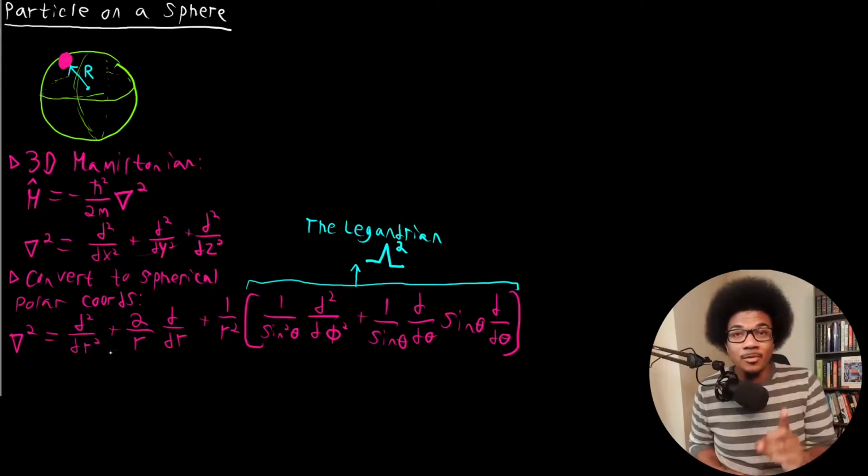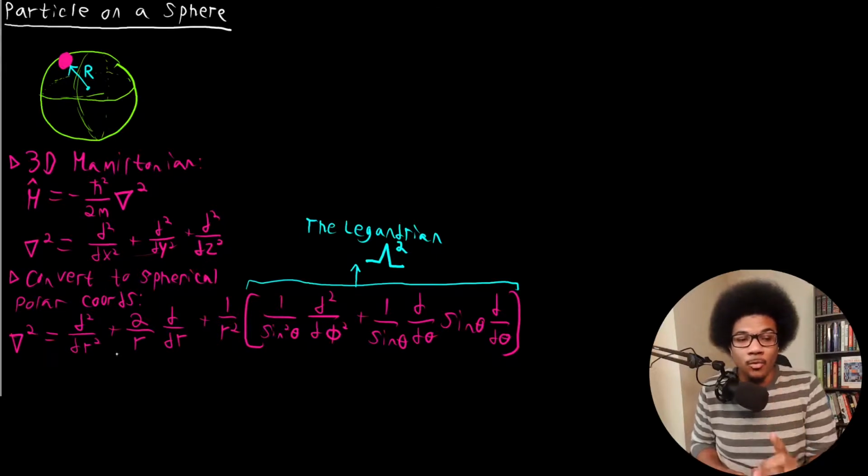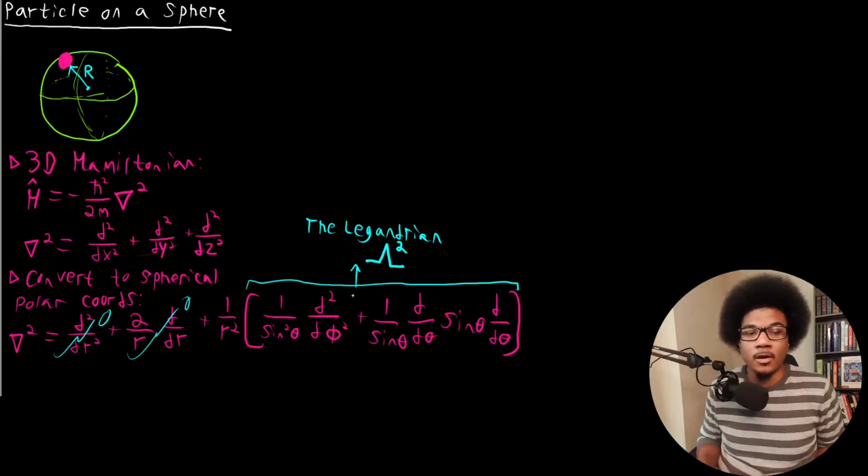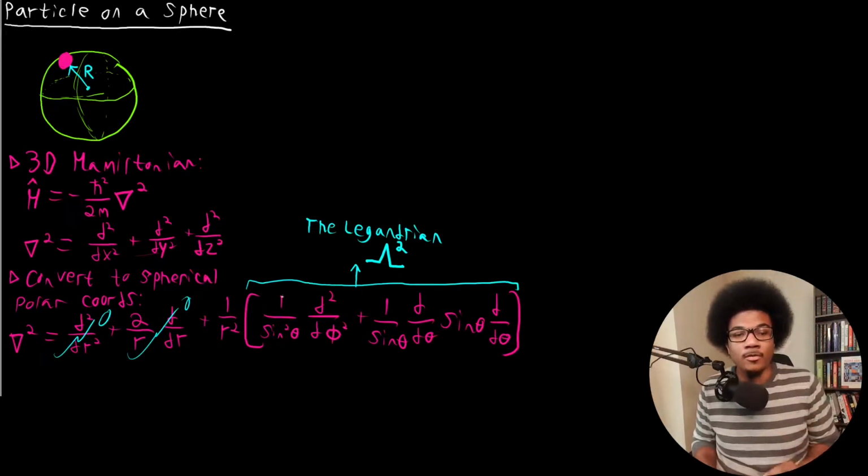Similar to the particle on the ring, in the particle on the sphere the radius is also not changing, so this derivative is gone, and this derivative is gone as well. We're just left with 1 over r squared times the Legendrian.